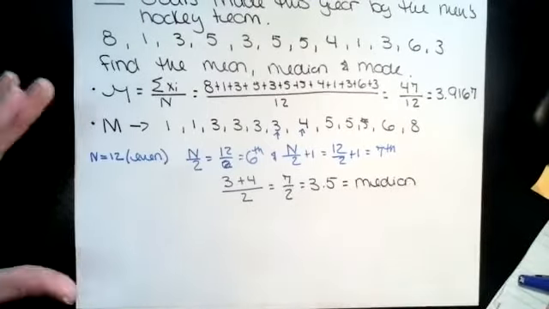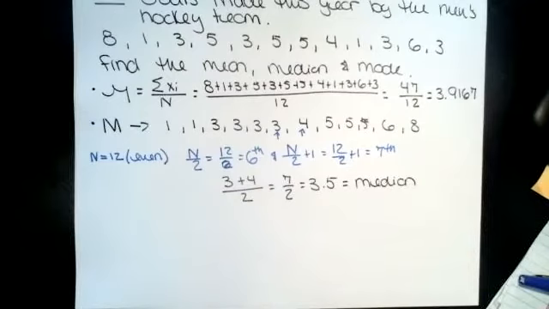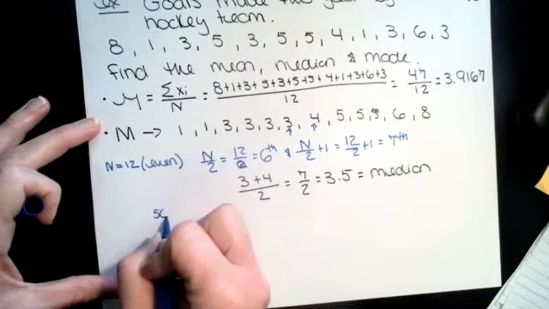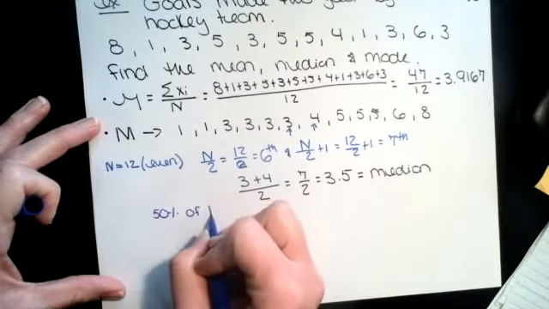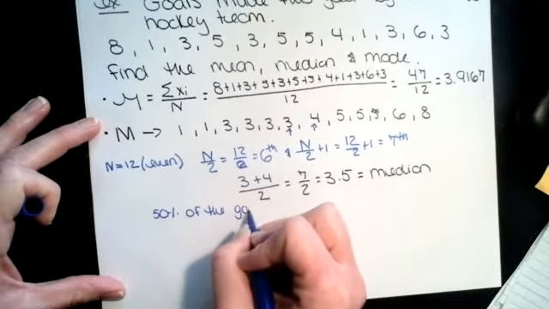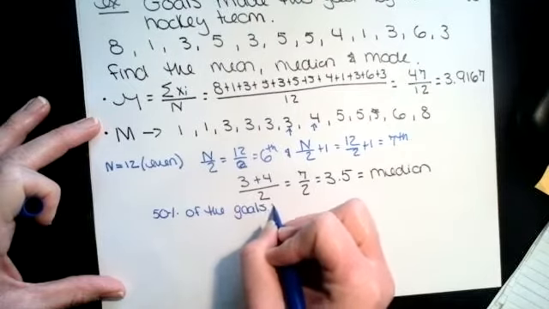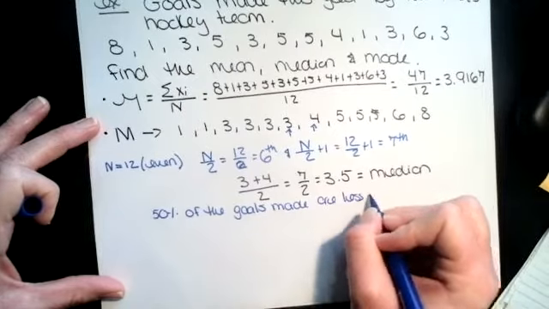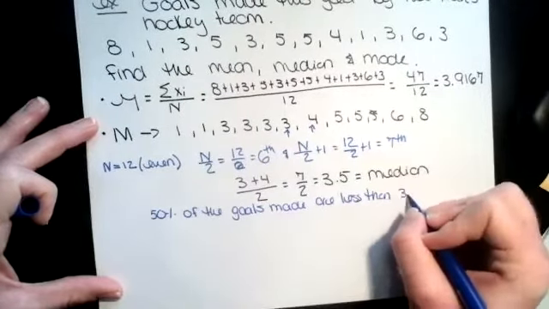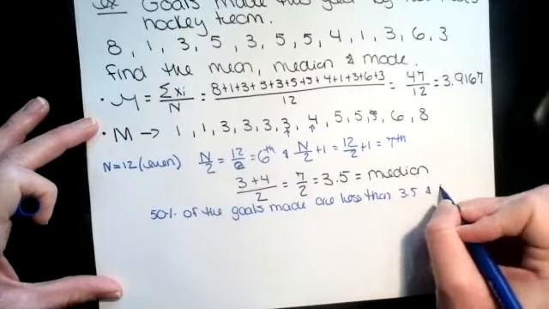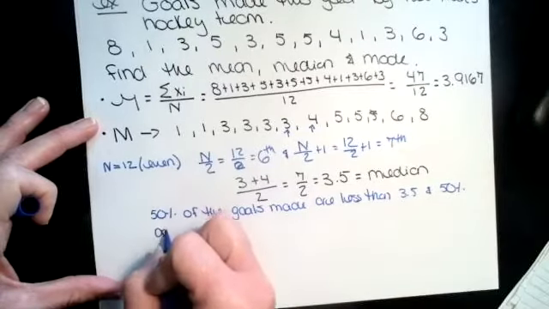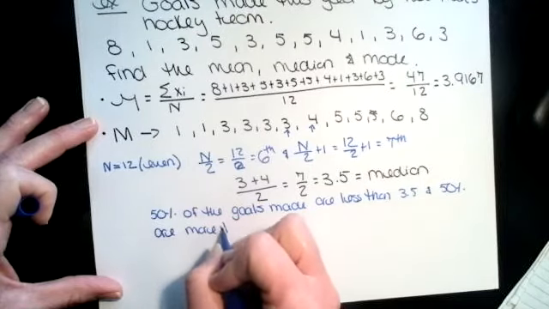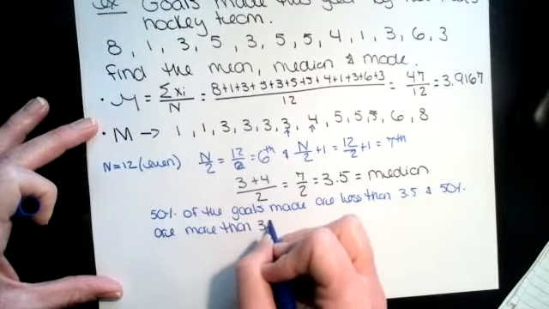So what this means, I'm just going to write it out so we have it. It means that 50% of the goals made are less than 3.5, and 50% are larger or more than 3.5.